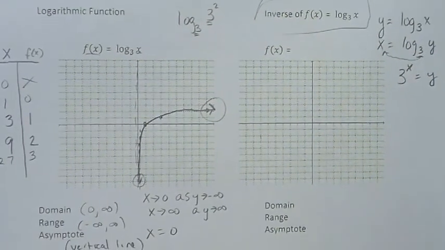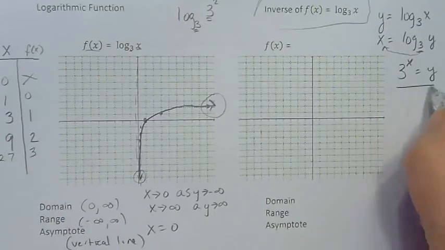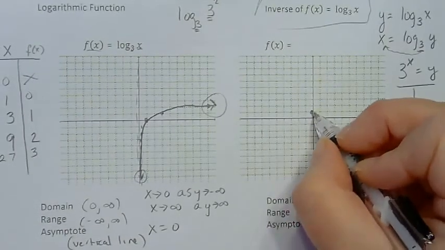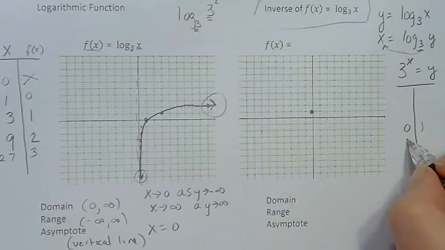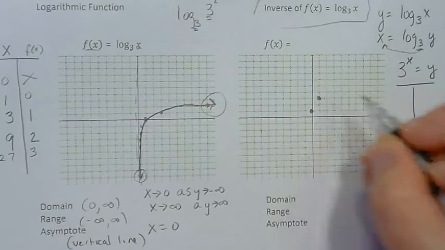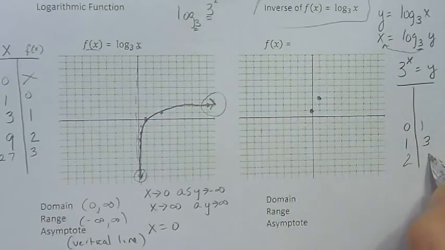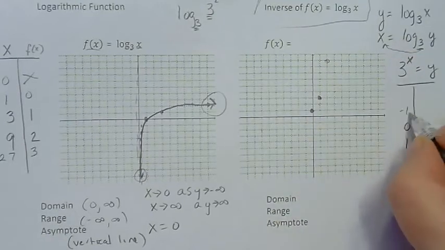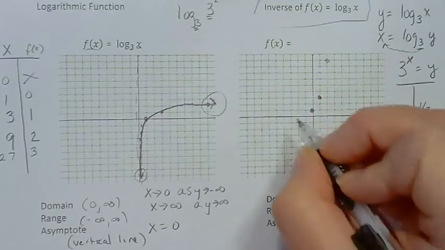If I graphed this one and made a table of values, if I put 0 in for x, I would get 1. If I put 1 in for x, I would get 3. If I put 2 in for x, I would get 9. If I put negative 1, I would get 1/3.